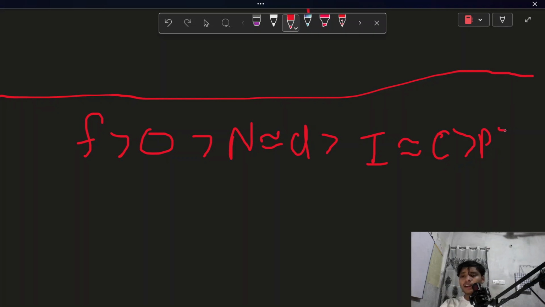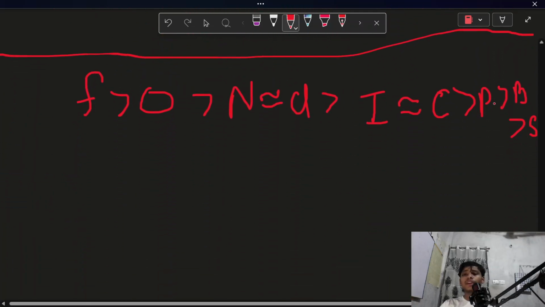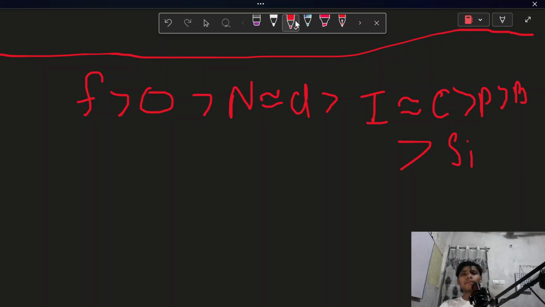And then we have boron, and then we have silicon. Okay, so we are going out of the screen. So after boron we have silicon. That is the first order that you should remember. After this, all the questions that are coming, even in JEE, you'll be able to solve them.